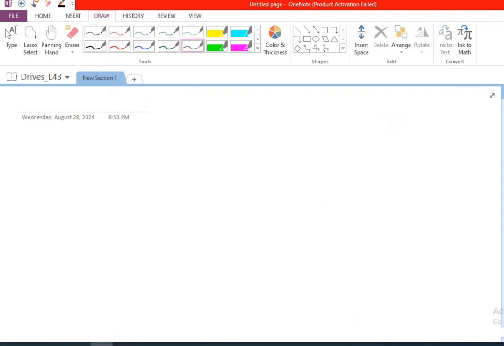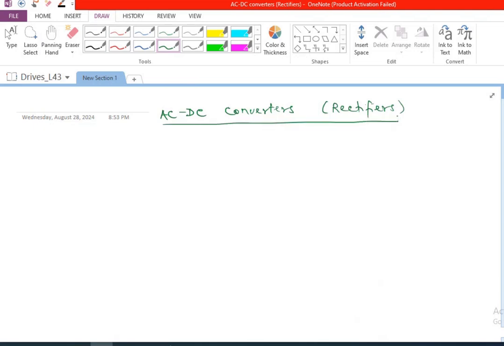So we have seen different kinds of devices that are being used in power electronic circuits. So we will now start with AC to DC converters. We may also call them rectifiers, but converters is a generalized terminology that is used for all the power electronic converters. But if we generically say converters, we assume that it might indicate an AC to DC converter.